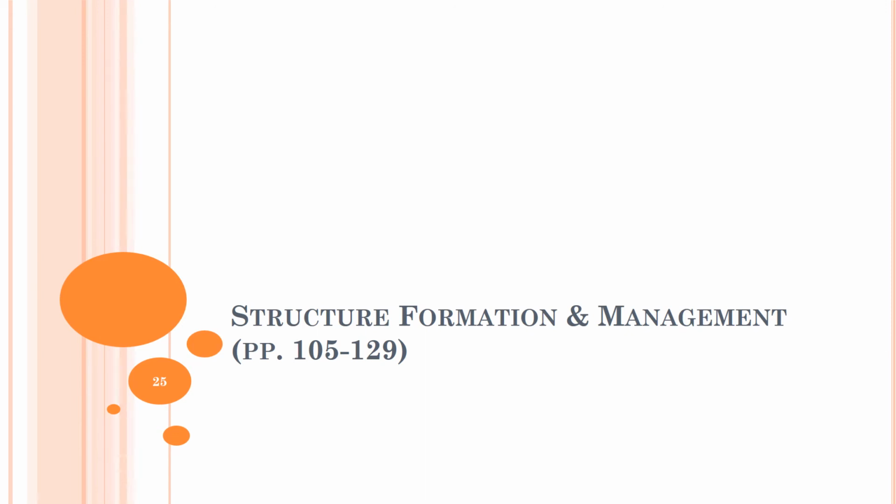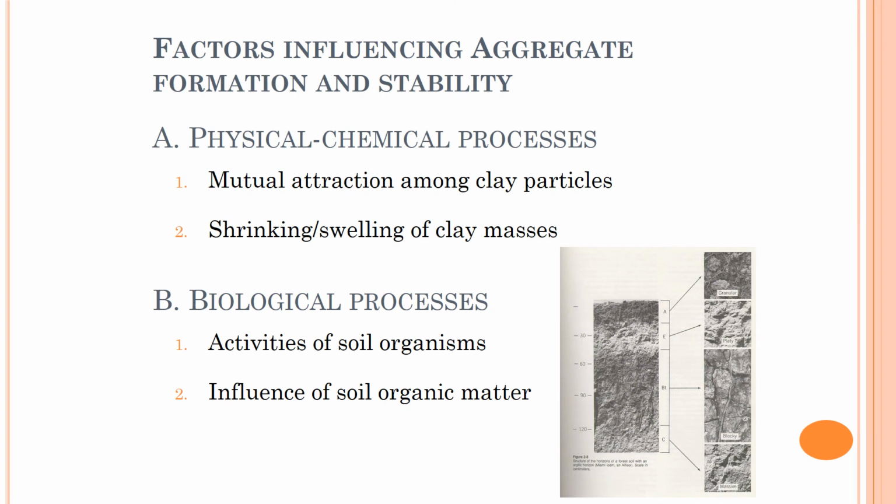Let's go over structure formation and management. There's factors that influence aggregate formation and stability. First is physical chemical processes like mutual attraction among clay particles. They stick together, very much so, which is why it's such a sticky texture. There's shrinking and swelling of clay masses, which also gives rise to aggregate formation and stability.